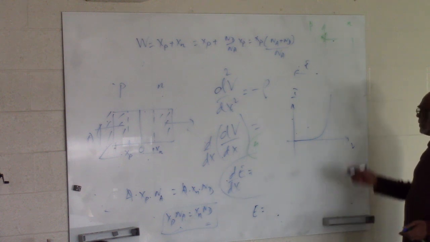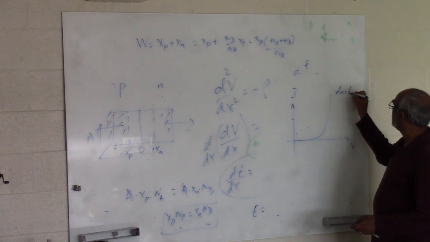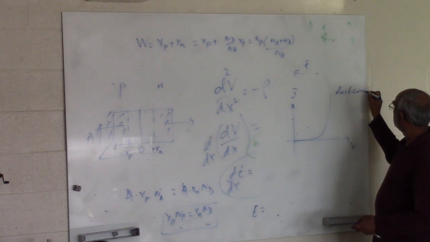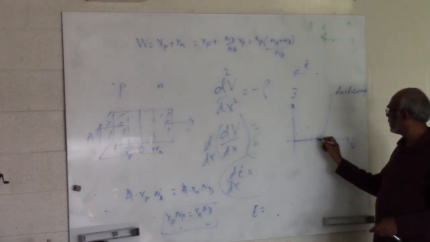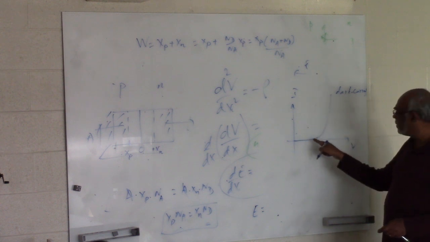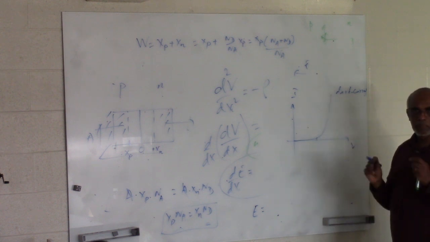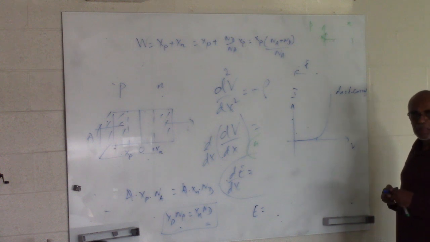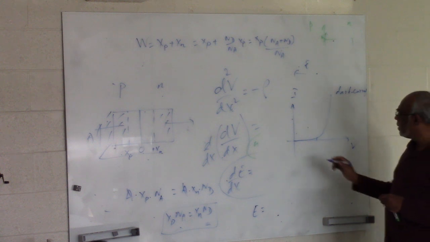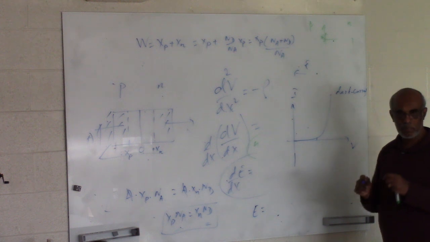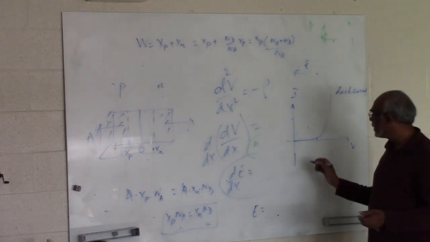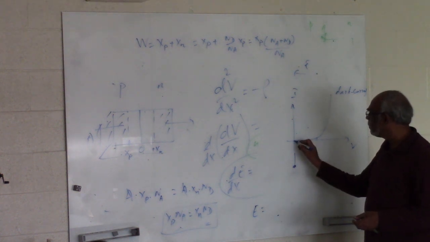When it's not working as a solar cell, we call it the dark current. You have a certain voltage, then you get this curve, right? But if it works as a solar cell and you expose it to light, you will get current even without any bias.